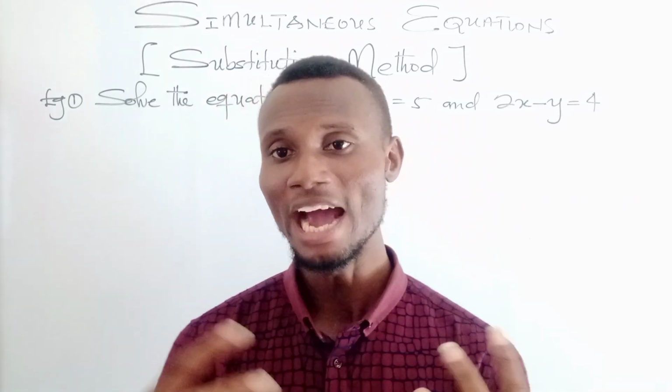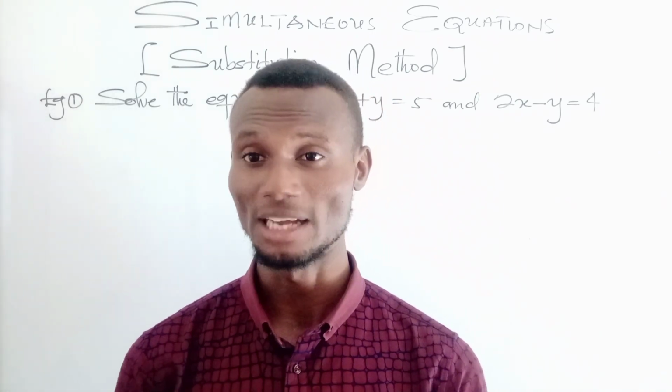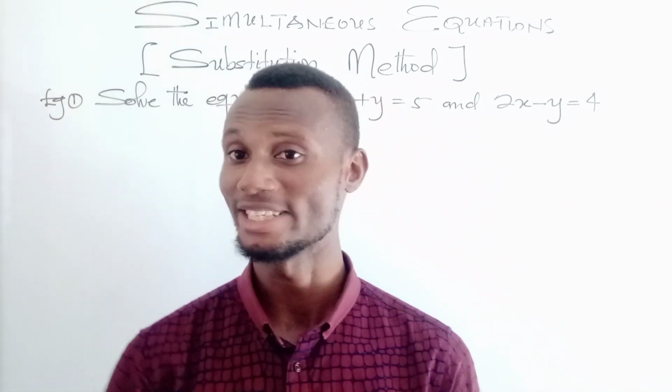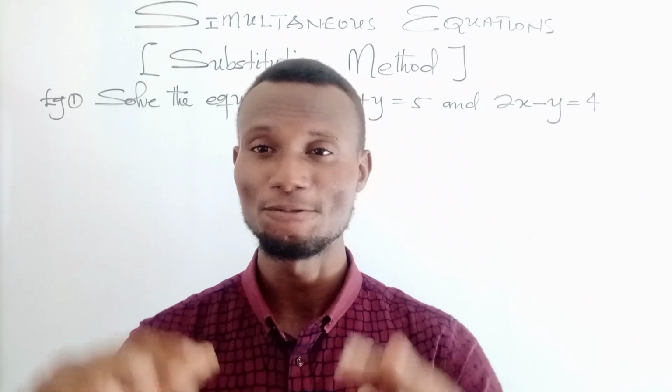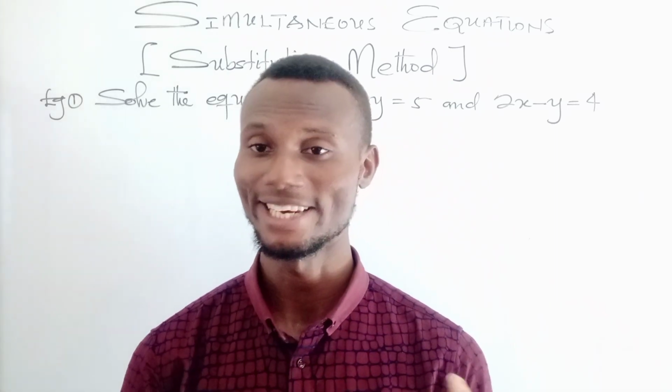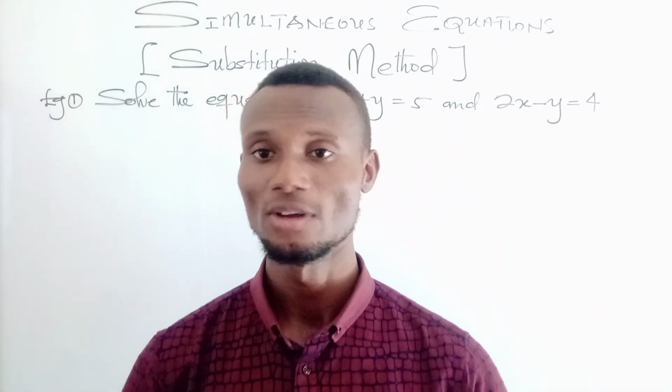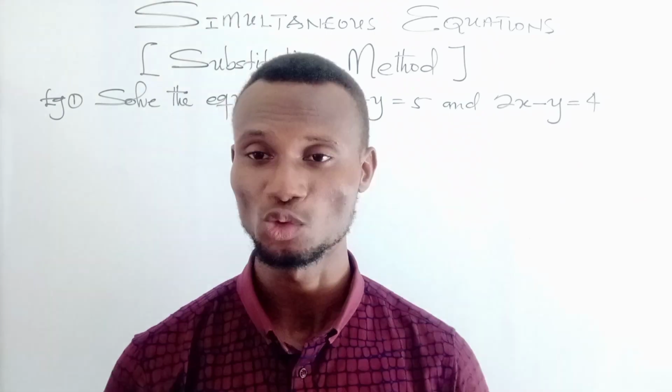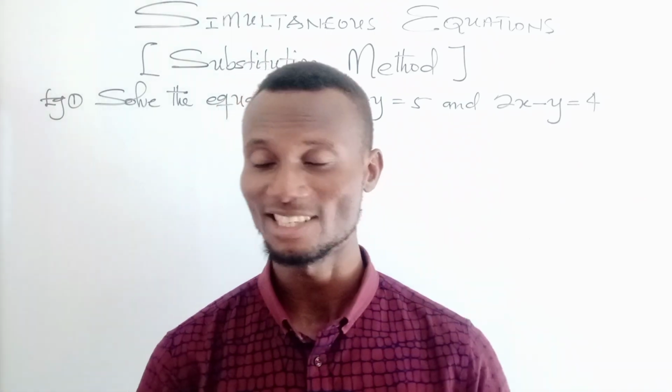I've already taught you change of subject in previous videos. We've treated change of subject as a full topic, done a detailed explanation on it, and solved many examples on it as well, and we are going to apply that knowledge here.